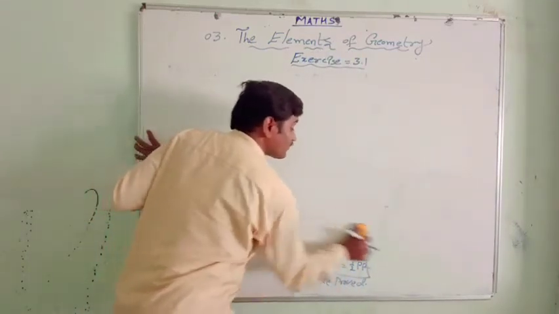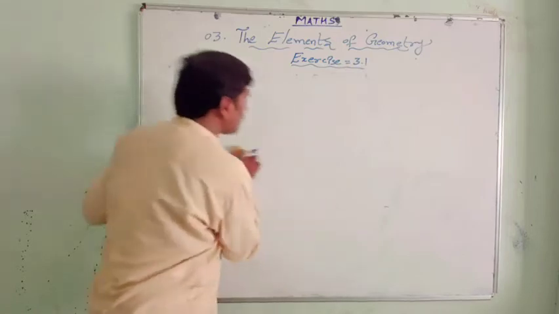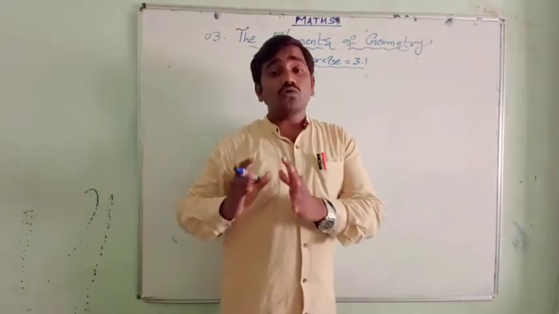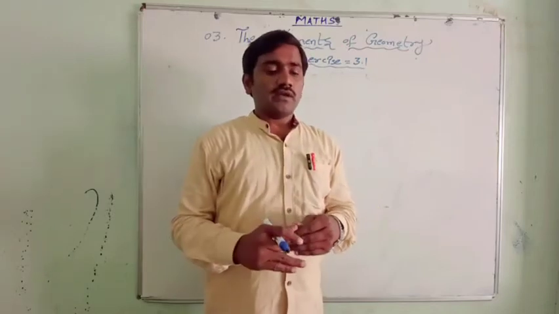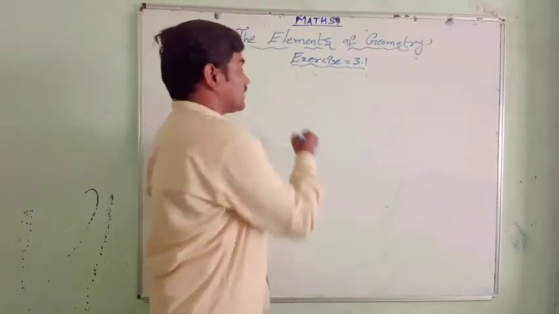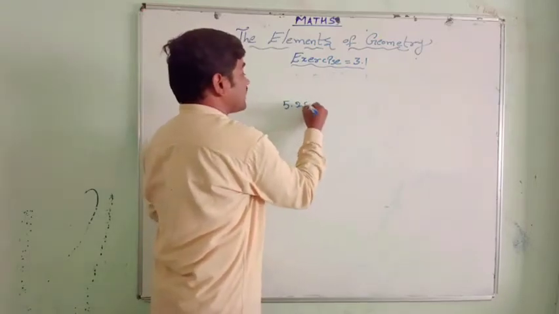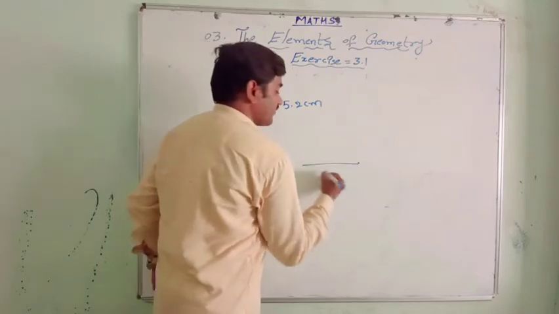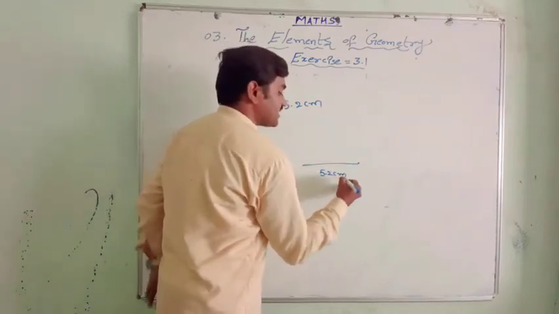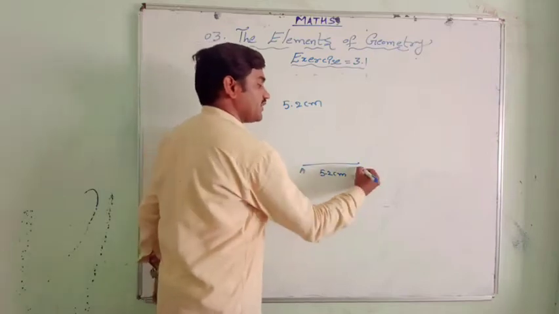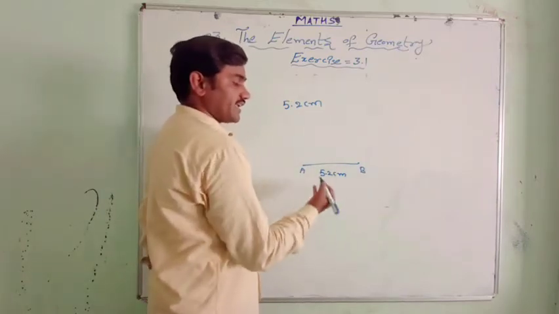The next question, the fifth question, is a construction actually. In your 7th class we have already learned how to construct a triangle. Here a very simple construction is given: construct an equilateral triangle with side length 5.2 centimeter. Simple. You take 5.2 centimeter as the base of this triangle, and give it a name like AB.